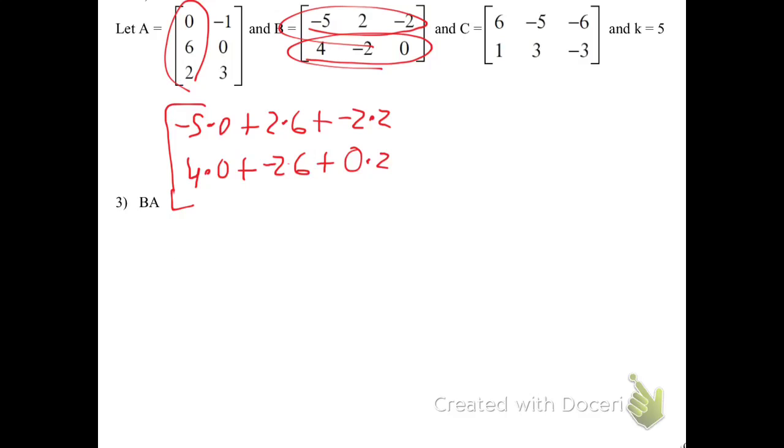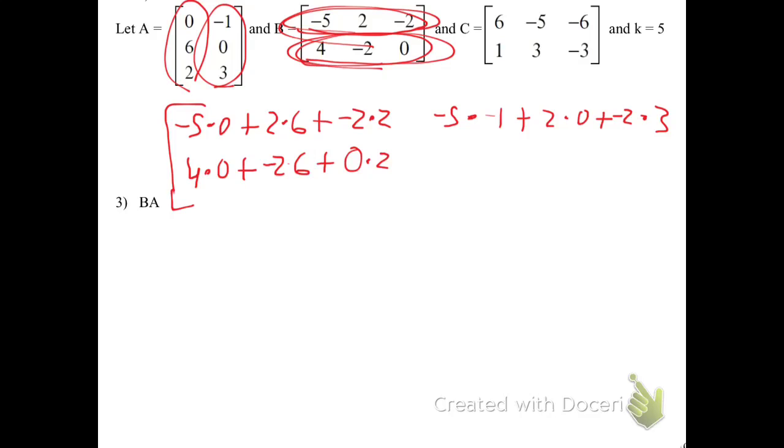But we do need to move on to the second column. So I'm going to take this first row times the second column. And that's going to go to the right of this. So we'll get -5 times -1 plus 2 times 0 plus -2 times 3.